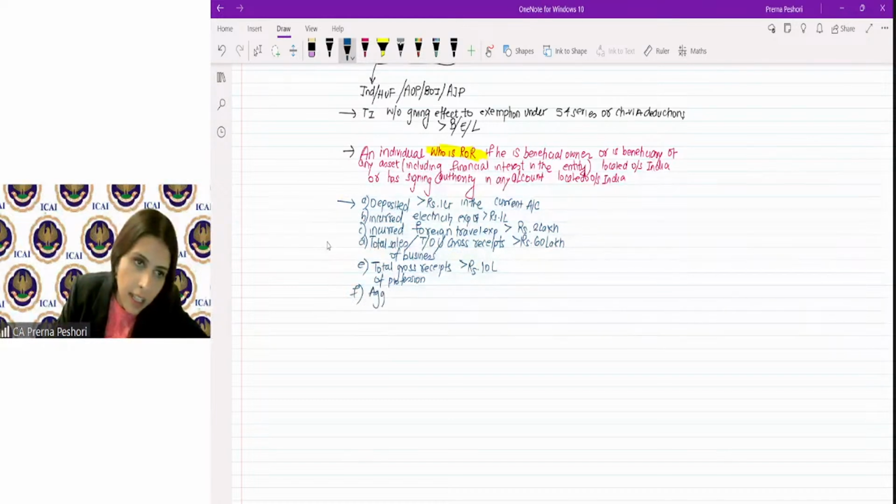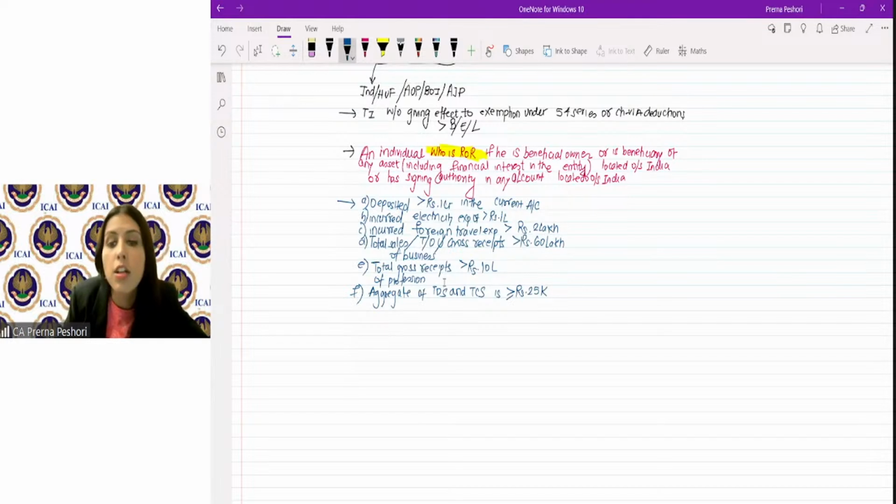Aggregate of TDS and TCS is greater than or equal to rupees 25,000.